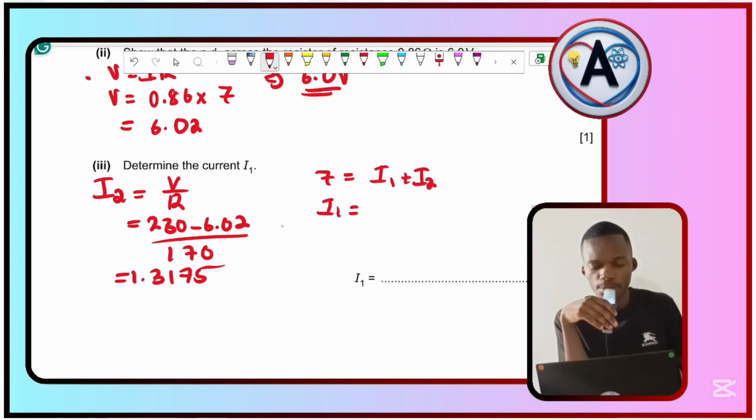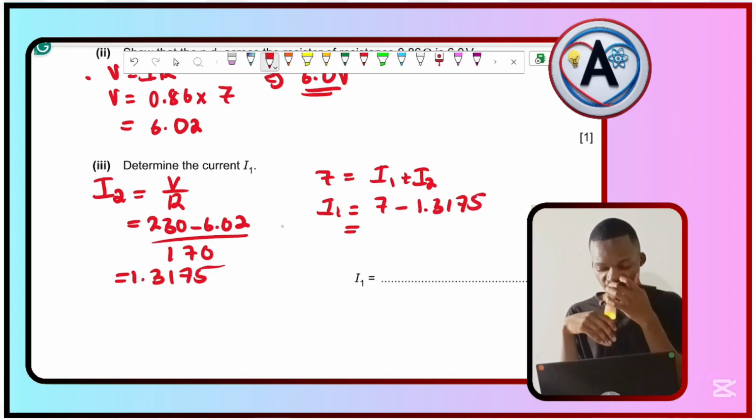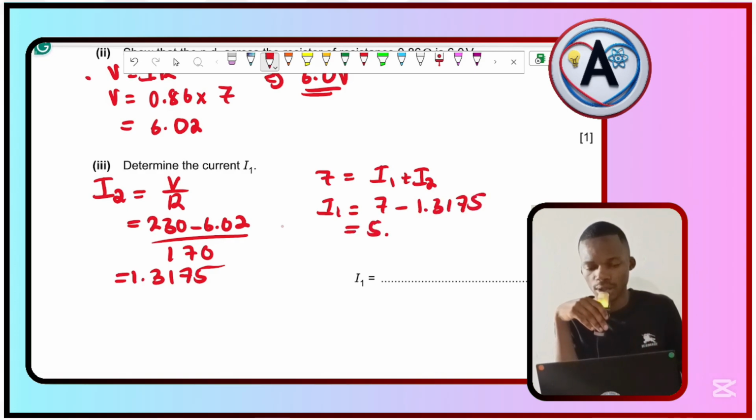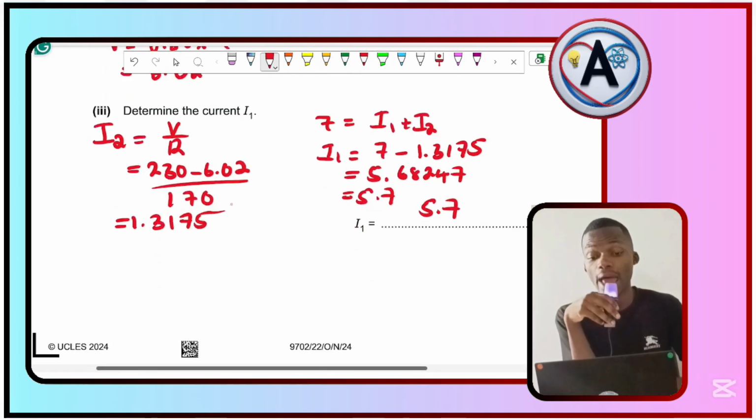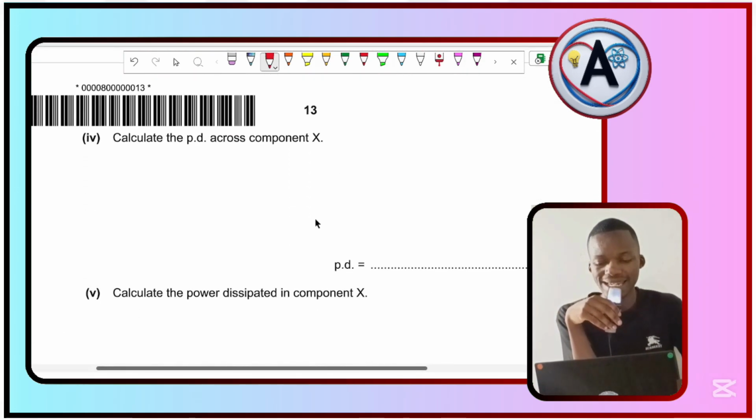So I1 is basically 7 minus 1.3175. The difference of that is actually 5.68247. That's 5.7. So what I'm doing is I'm just connecting I1 and I2 to be able to get I1. Hope that makes sense.